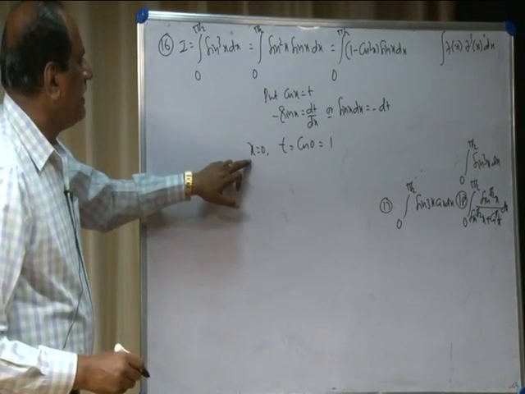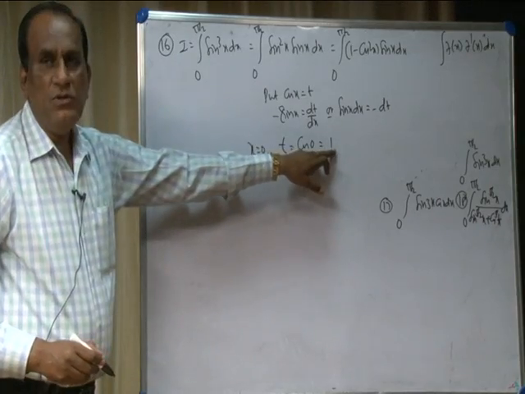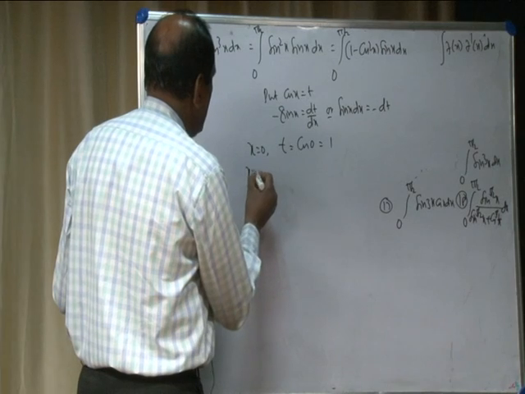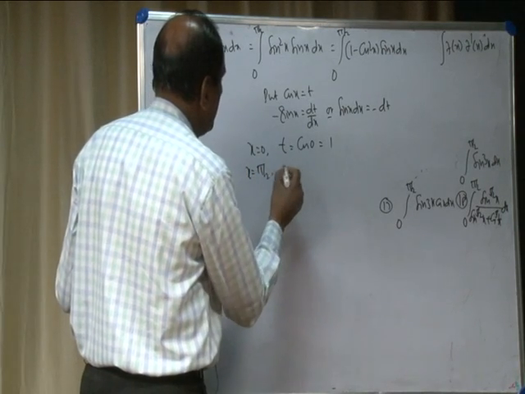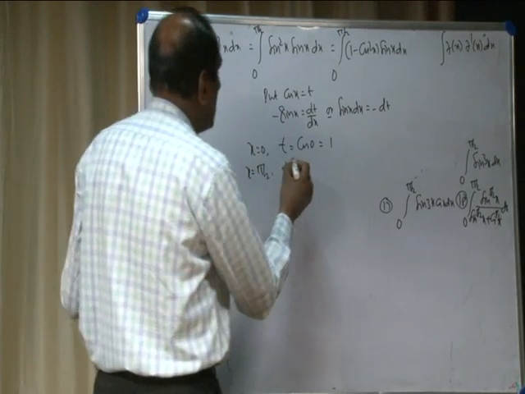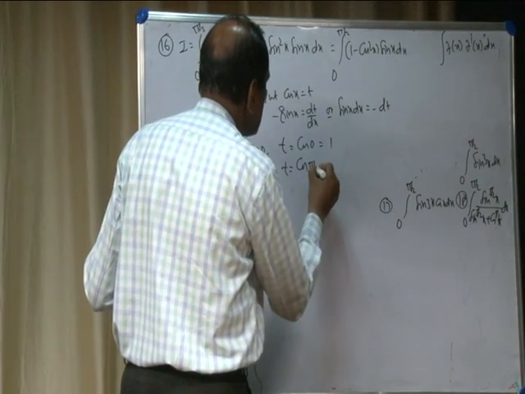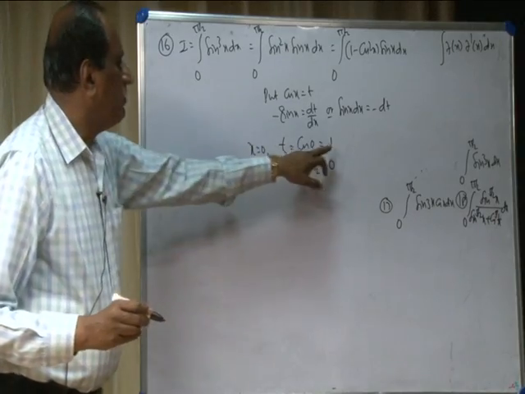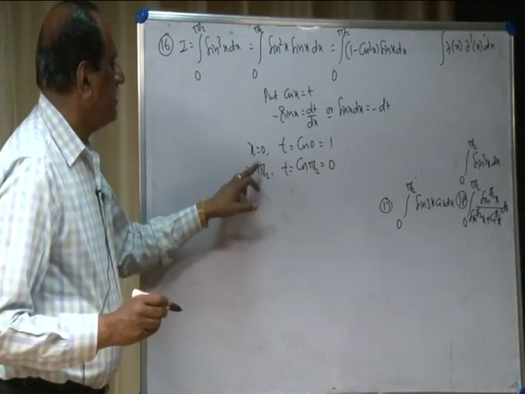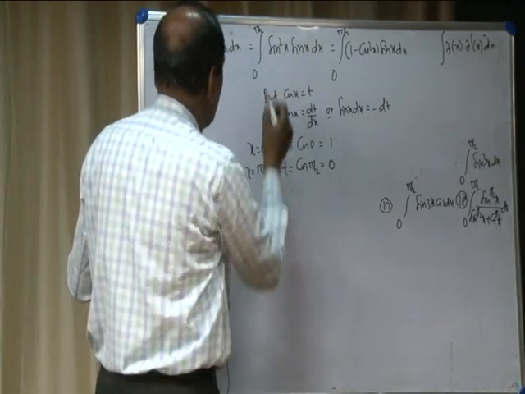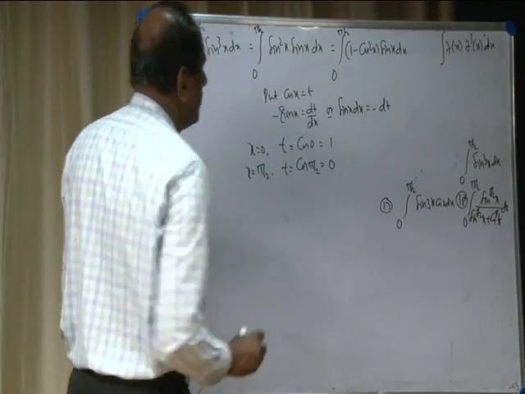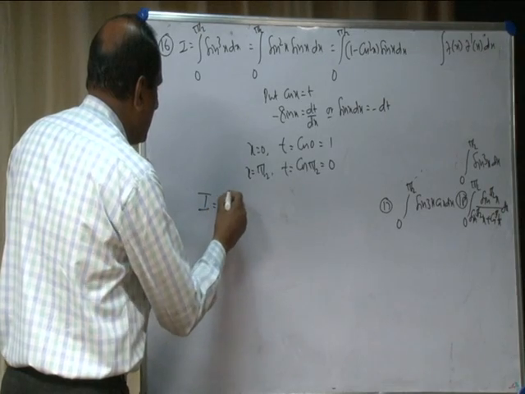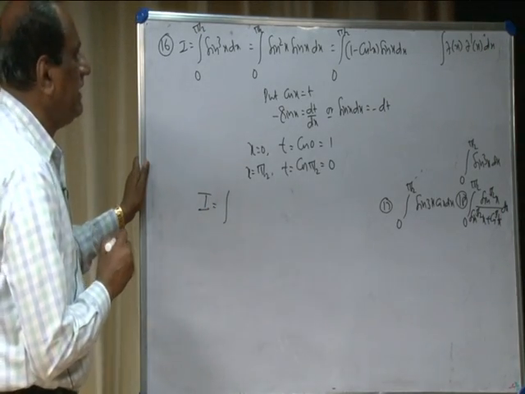Therefore, lower limit 0 changes to 1. Similarly, for the upper limit, when x is equal to pi by 2, t is equal to cos of pi by 2, which is 0. So, the limits 0 to pi by 2 change to 1 to 0.